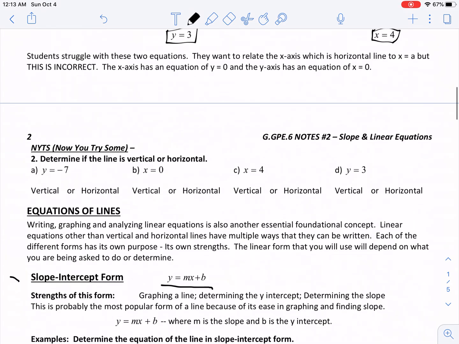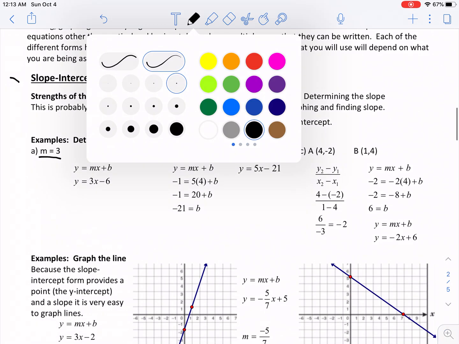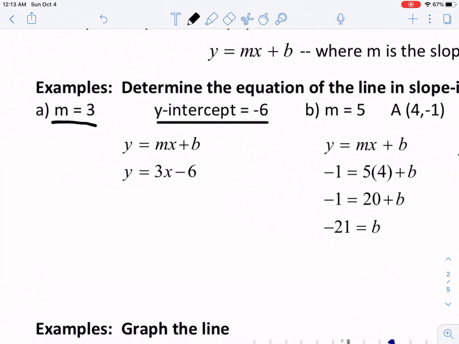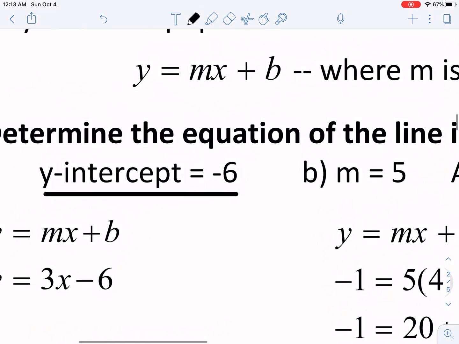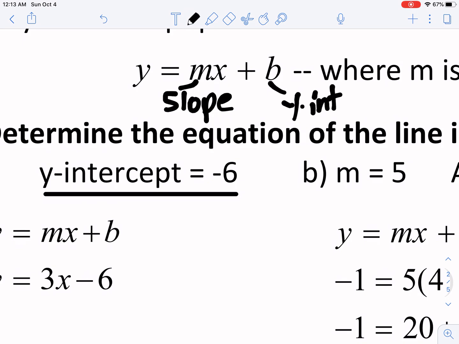Okay, now let's go back to the example we were working on, and it says we are given the slope 3, and we're told that the y-intercept is -6. Well, the nice thing about that, if we look at the equation y equals mx plus b, m represents slope, and b represents the y-intercept, okay? So m is our slope, b is the y-intercept.